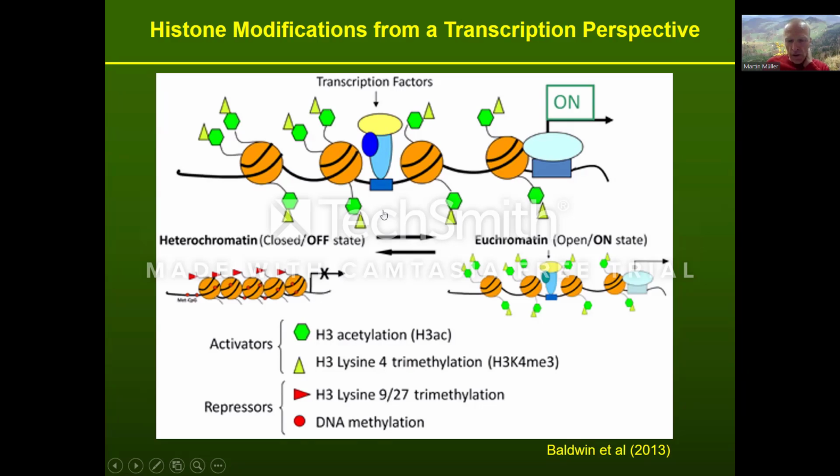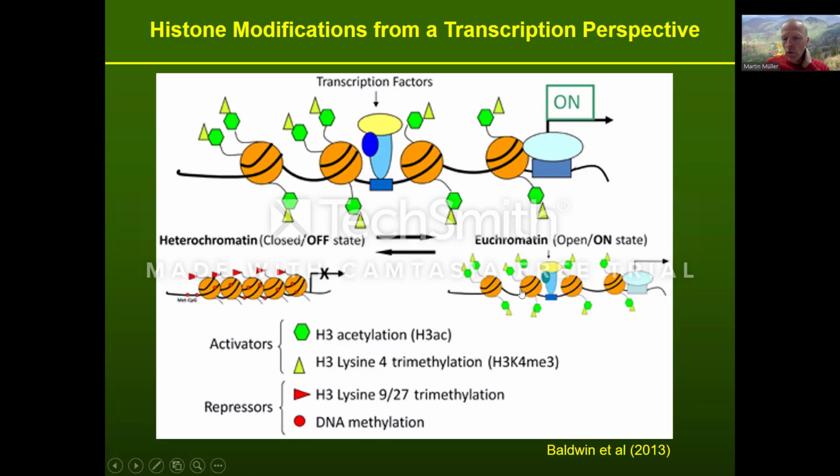As a rule of thumb, if there are methylations, trimethylation, for example, on lysine positions 9 and 27, then the chromatin acquires a heterochromatin-like structure and the gene is not active.